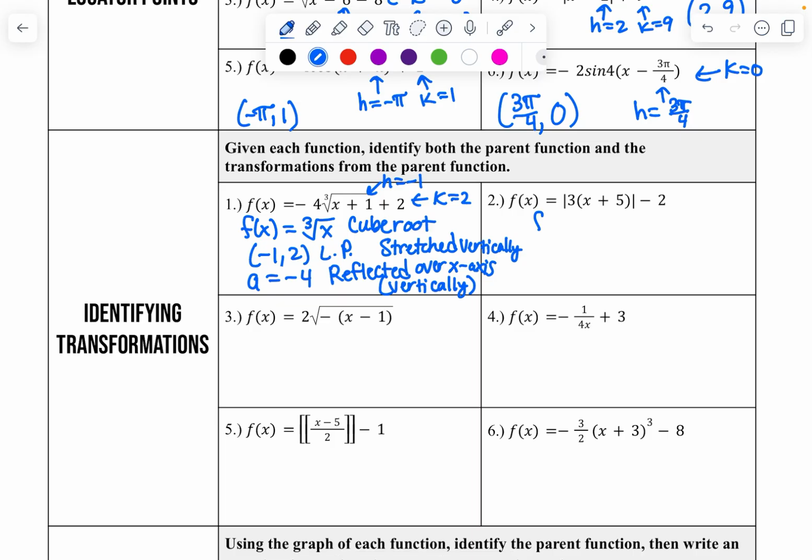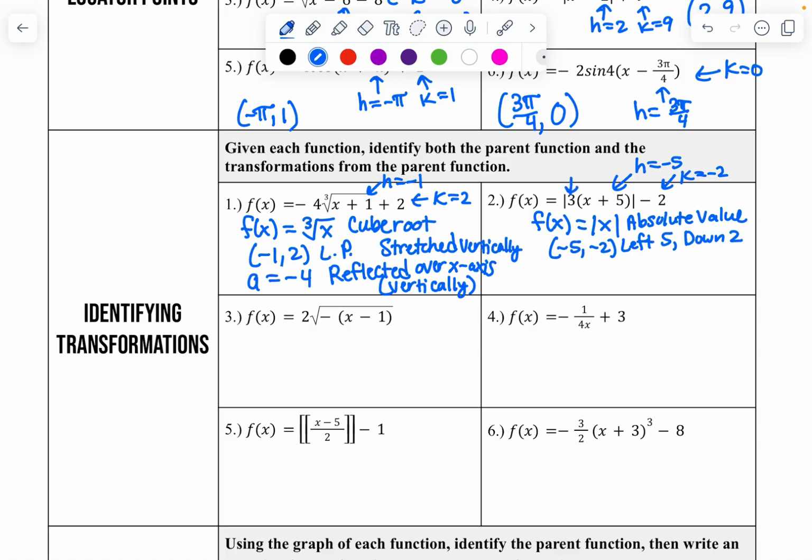All right, number 2, the parent function here is the absolute value of x. H is -5, k is -2. So we've got a locator point of -5, -2, which means we would have moved left 5, down 2.